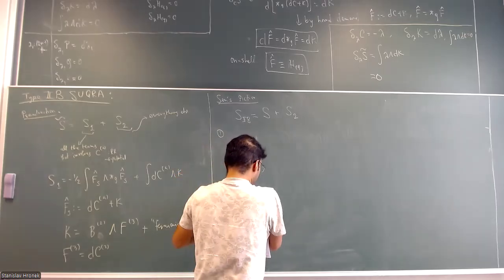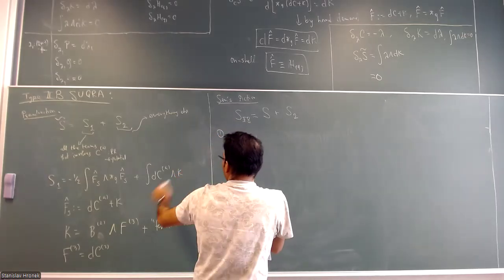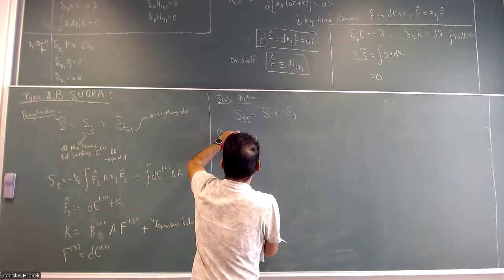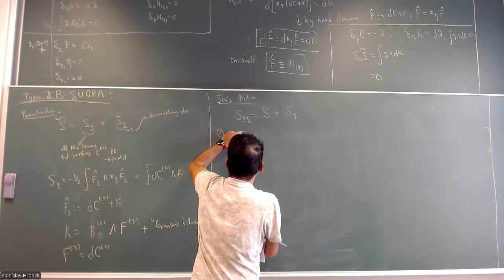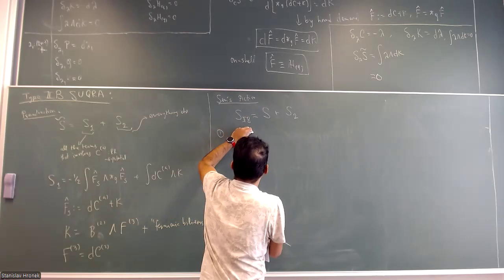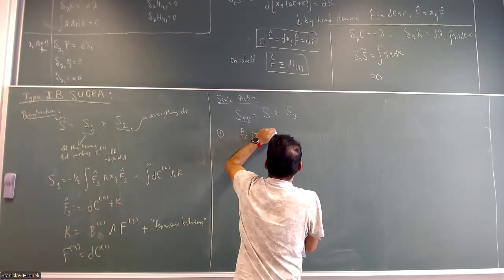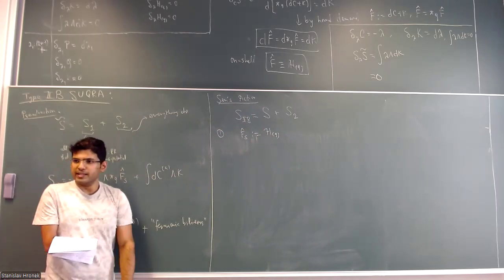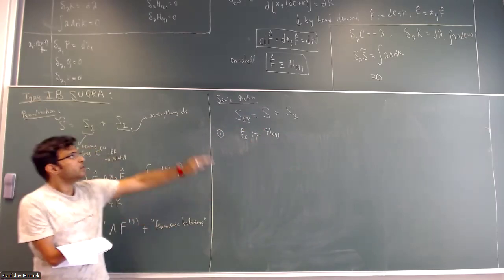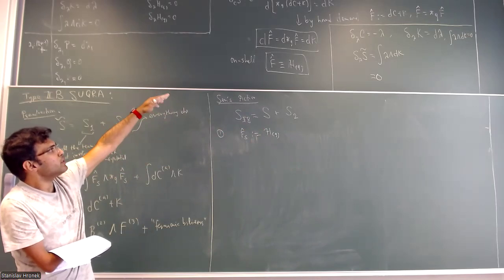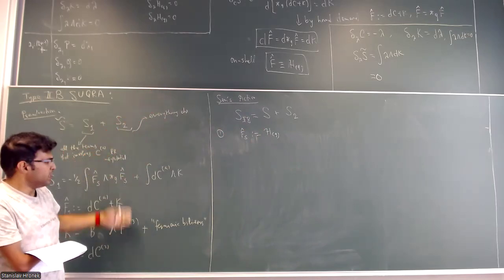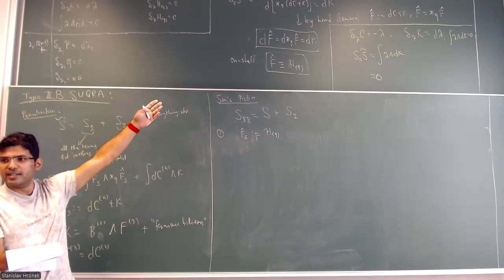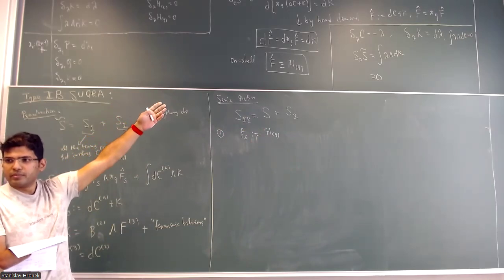Now, for the Ramond-Ramond 5-form flux sector, it's relatively easy. We just need to identify this F5 hat with the H that you would construct from the sen action. And with that, this general thing that we have proven there guarantees that both of the equations of motion are exactly the same. Right.